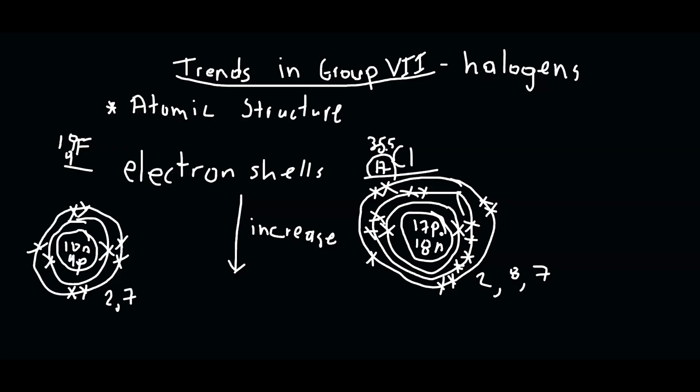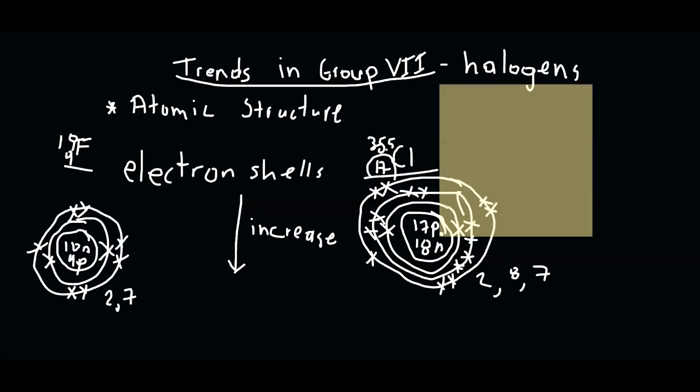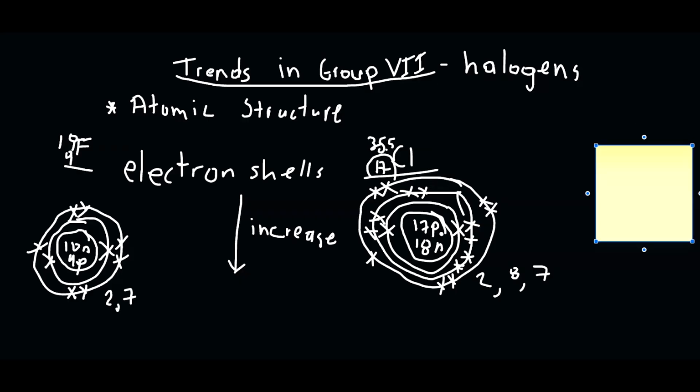So the first one we're looking at: the electron shells increase down the group, so there's an extra electron shell added as you go down the group. It's evident right over here, where you're seeing 1, 2 for fluorine, because it's 2, 7.